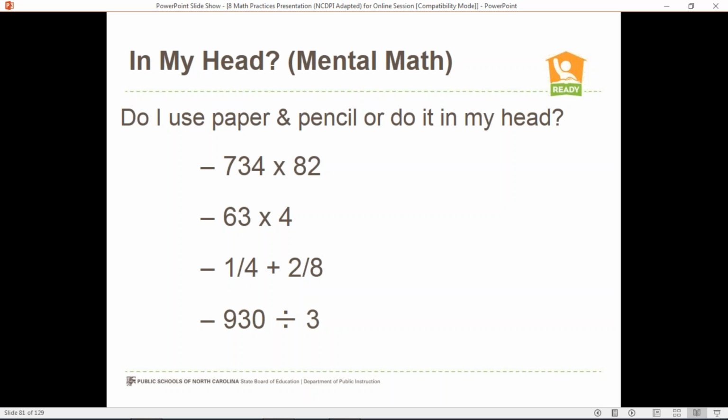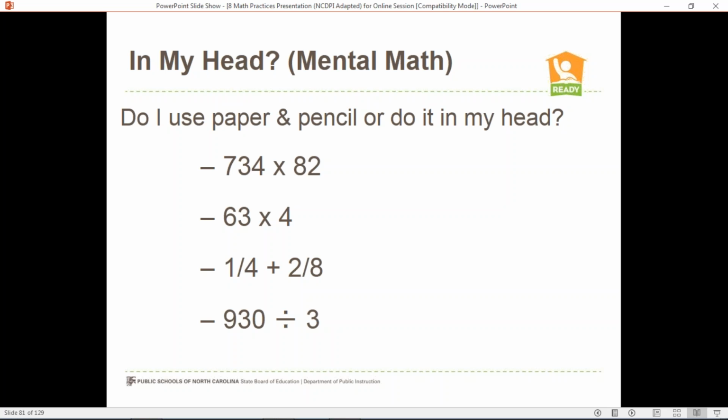Then we start considering with kids, when does it make sense to use mental math, and when does it make sense to use paper and pencil? And one thing we might want to do ourselves is to think about when would you want to use paper and pencil, and when would you like to use mental math?